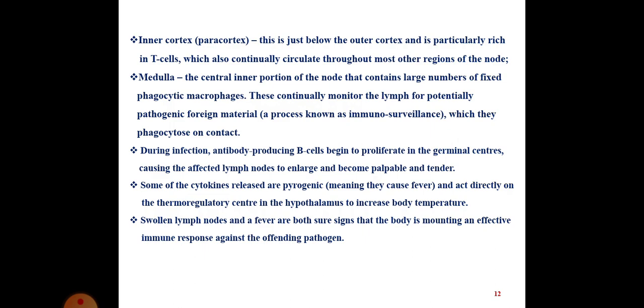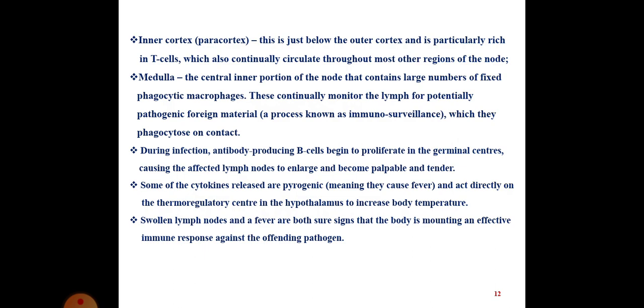This process is known as immunosurveillance, and they phagocytose on contact. During infection, the antibody producing B cells begin to proliferate, that is, multiply in the germinal centers, causing the affected lymph nodes to enlarge and become palpable and tender.